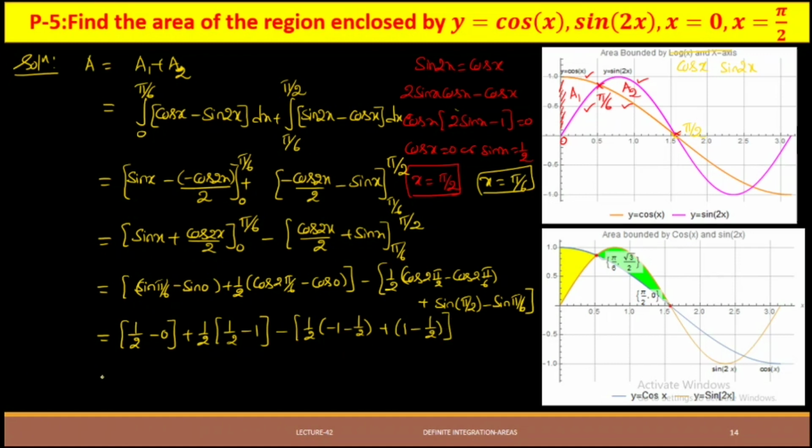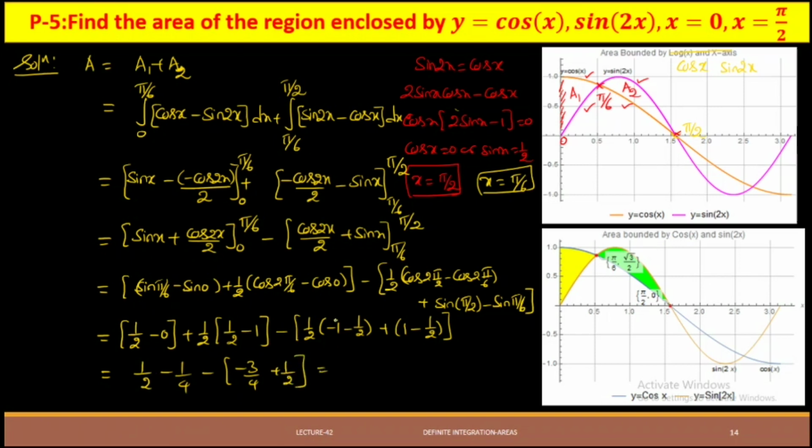Now let me compute this value. 1 by 2 plus 1 by 2 minus 1 is minus 1 by 2, so this becomes minus 1 by 4, minus, so this is 1 by 2 minus 3 by 2, so this becomes minus 3 by 4 plus 1 by 2.